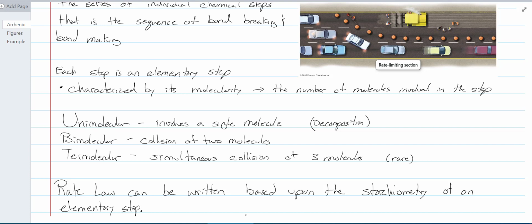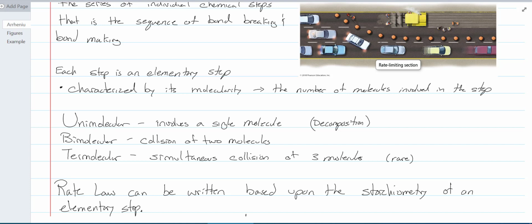If I'm on that team with 3 faster guys, I would be the slowest person on that team, which I would be the rate limiting section, right? Because our time would be totally dependent on me. They're so much faster. I'm the problem if we want to get faster. So that would, just like here, and then back to the traffic, once this construction is complete, then the traffic goes much faster. But right now, this is the rate limiting step. It's a slower step, and that's the step we can measure.